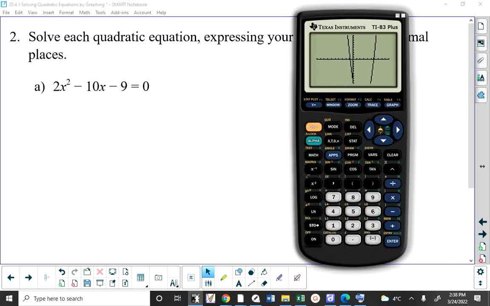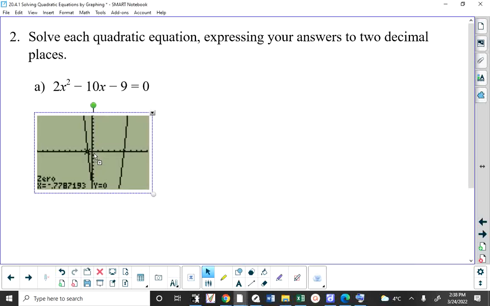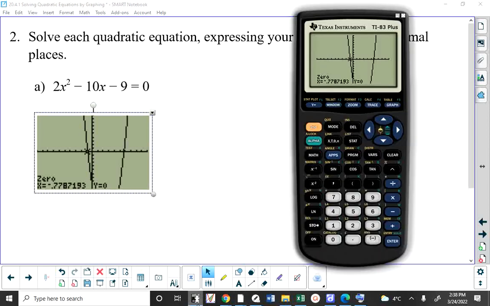So when I go to my calculate menu and choose 0, why don't I just put for the left boundary -2 and for the right boundary 0? I mean, why bother scrolling around? So it's about -0.78. You can see looking at the right intercept that it is 1, 2, 3, 4, 5, it's somewhere I think between 6 and 7.